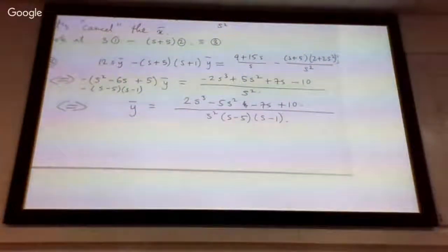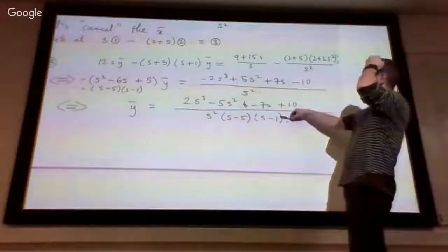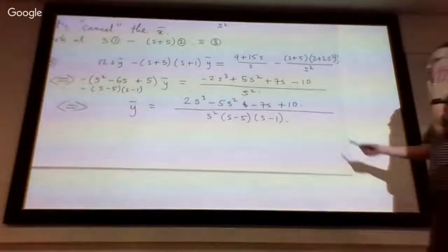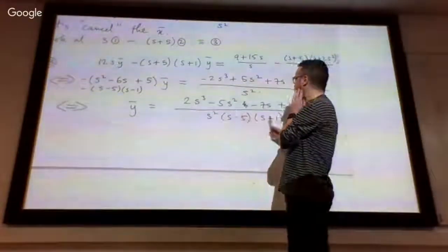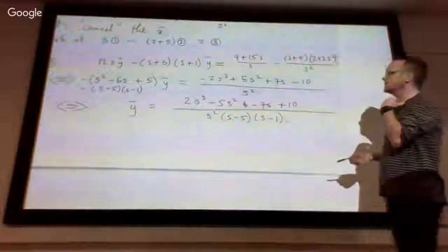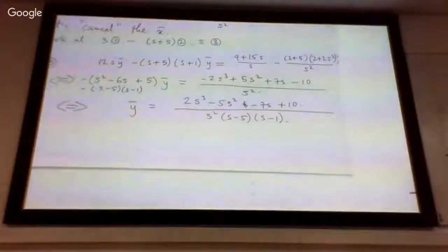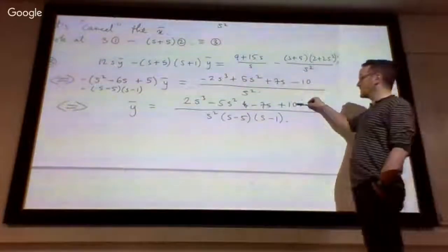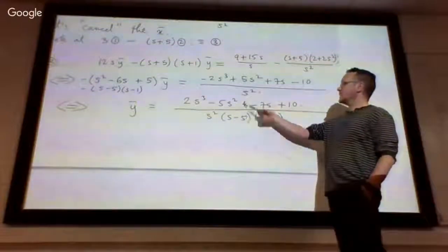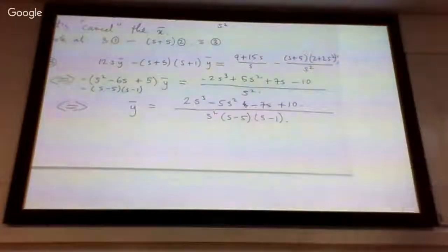Now, we've got a cubic over a cubic. Sorry, cubic over a quartic, something of degree 4. Might some of these factors simplify? Might some of these factors disappear and cancel with the top? Well, 0 is not a root at the top because it's got a constant term. Maybe 5, so looking at this factor, s minus 5, maybe 5 is a root in the top.